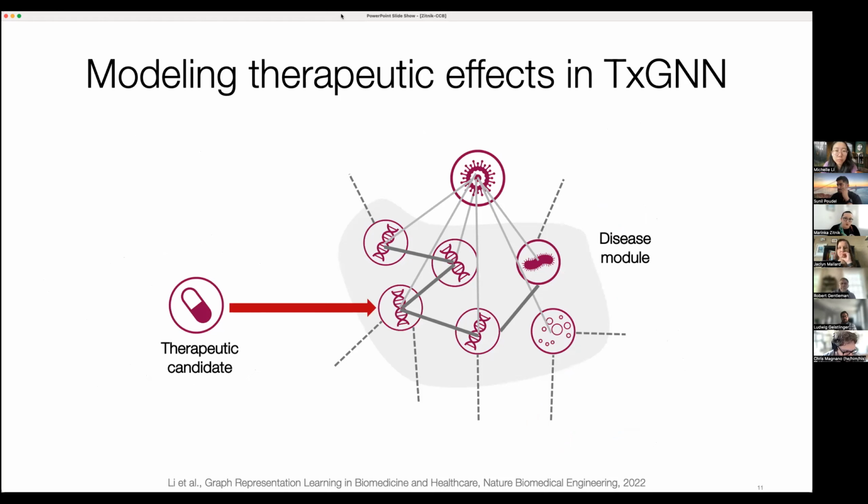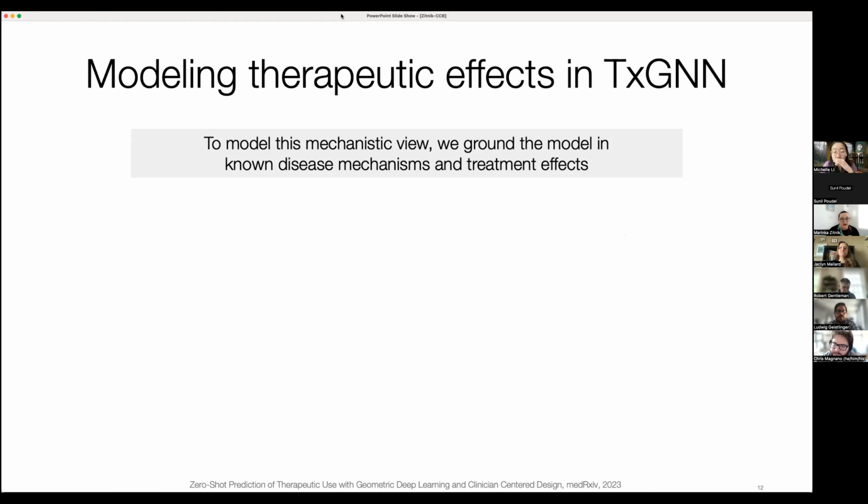So fundamentally, the way TXGNN makes predictions around individual disease and a therapeutic candidate is that it models the therapeutic effect by directly encoding information on the primary targets of a therapeutic candidate, as well as how those targets interact with each other through the underlying biological network, and where in that network are those genes that are associated with the disease that the therapeutic is considered for.